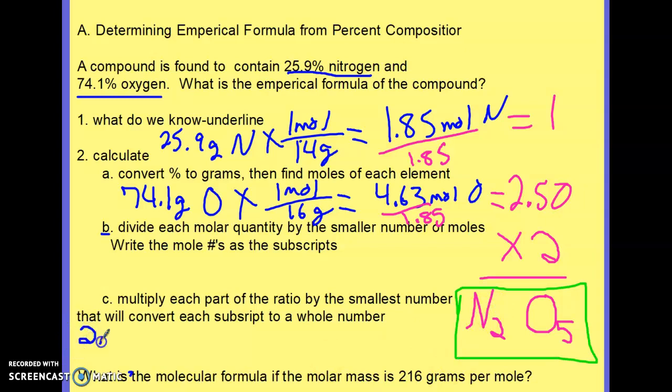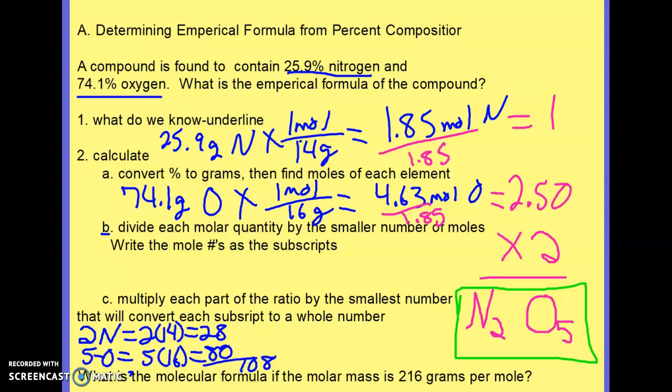Let's see what this is. 2 nitrogen. I don't know what 5 times 16 is. Is that 80 or 90 or 80? There you go. Looks like 108.